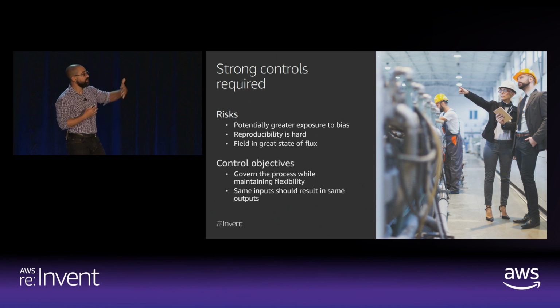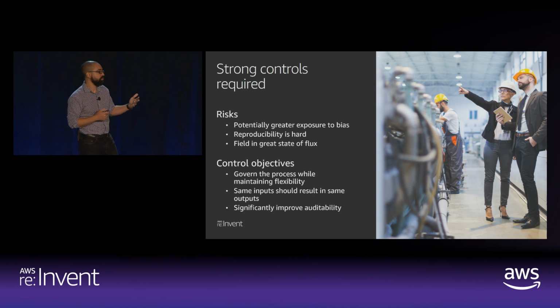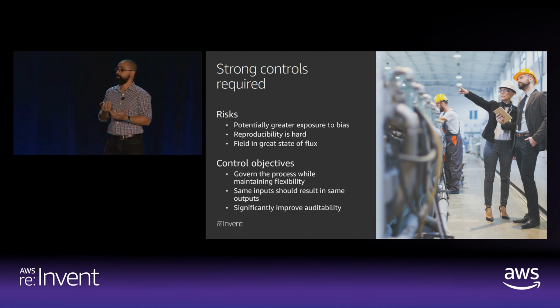They'll talk about wanting the same inputs to result in the same output over and over again. And this is especially important when you're supporting a workload like this. And then also being able to significantly increase the amount of auditability that you have from your workflow in order to meet these kind of requirements.